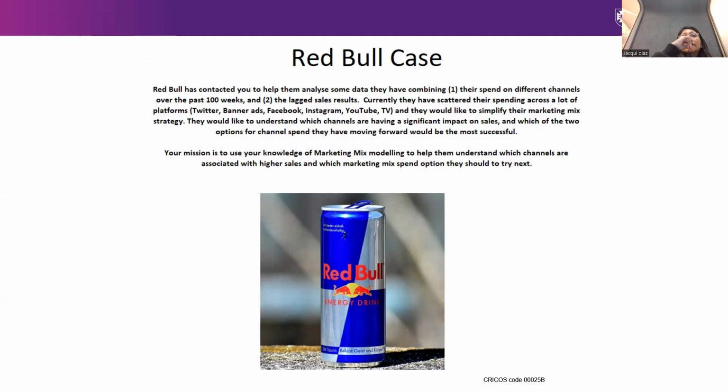They would like to understand which channel is having a positive effect on their sales and which one is not giving a good effect on the sales results. The objective here is just to understand which channels are associated with higher sales and which marketing mix spend option they should try next.